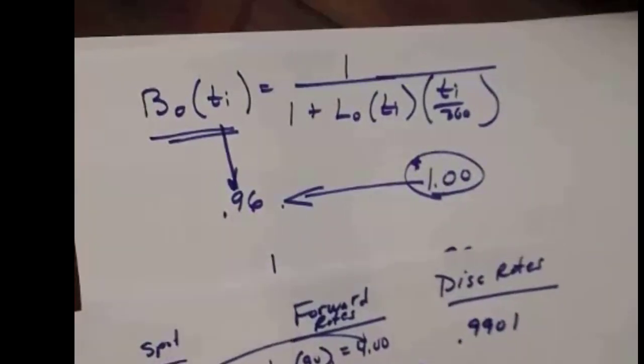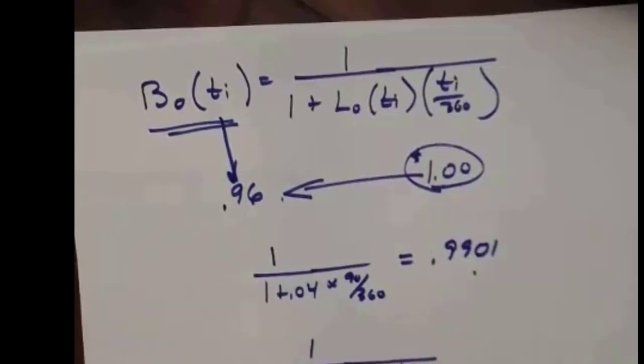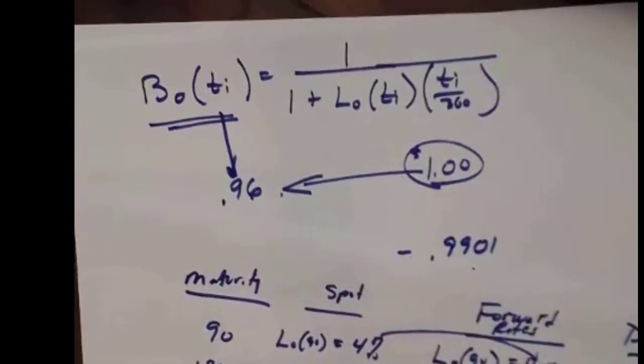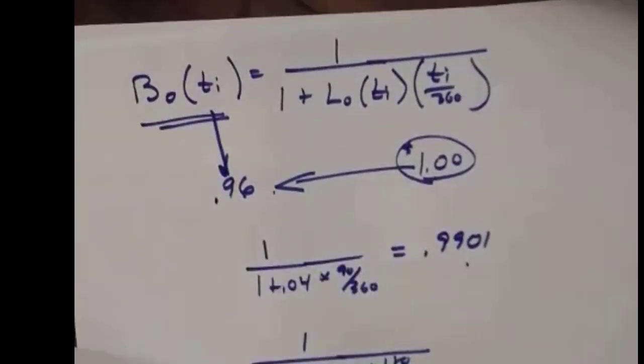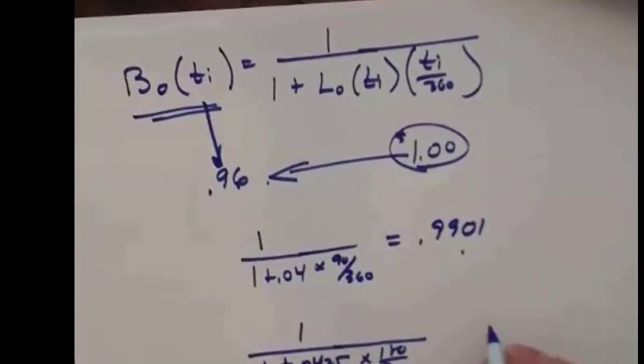Let's calculate the next rate here. And that next rate is simply 1 over 1 plus 0.0425 times 180 over 360. So we're taking this, see this 180-day spot rate? That's the 4 1/4 right here, adjusting it for the fact that it's half a year. And we turn out to get a discount factor of 0.9792.